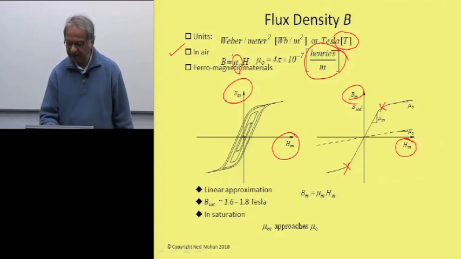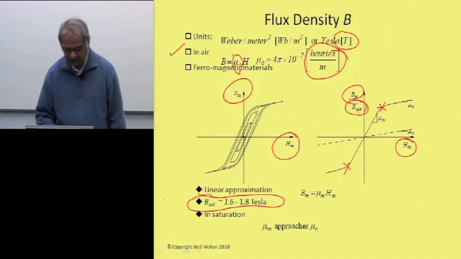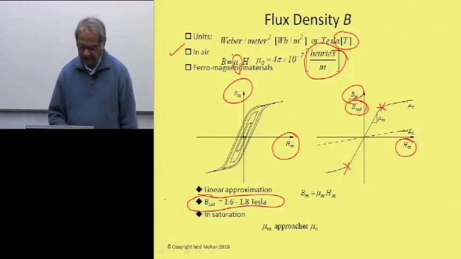Beyond this value here, this begins to saturate, B sat, and this may be anywhere from 1 to 1.8 Tesla in most common materials that are used.